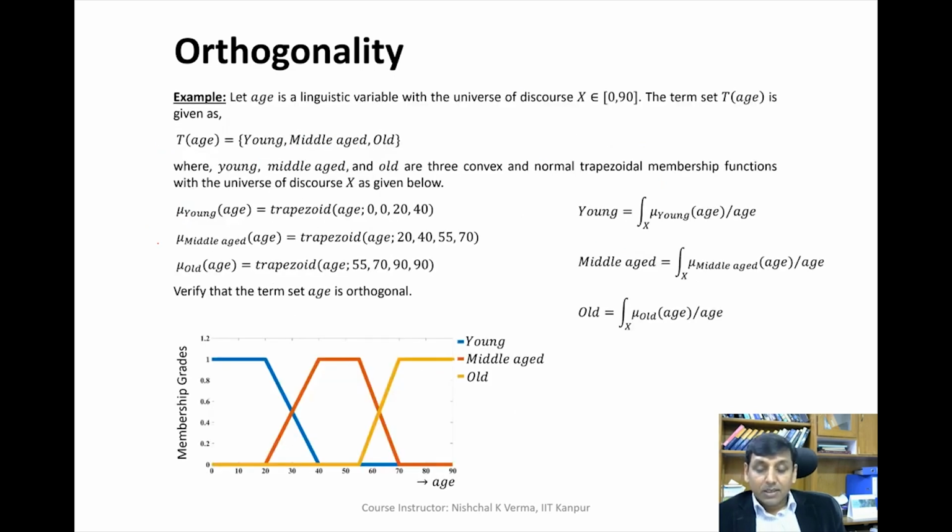Okay, so let us now take the continuous fuzzy sets, meaning a term set which has multiple continuous fuzzy sets. Here the same formula applies: at any point, or any generic variable value, the summation of membership values within the universe of discourse is going to be 1.